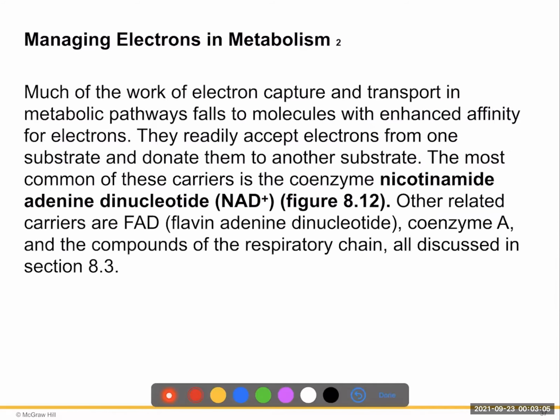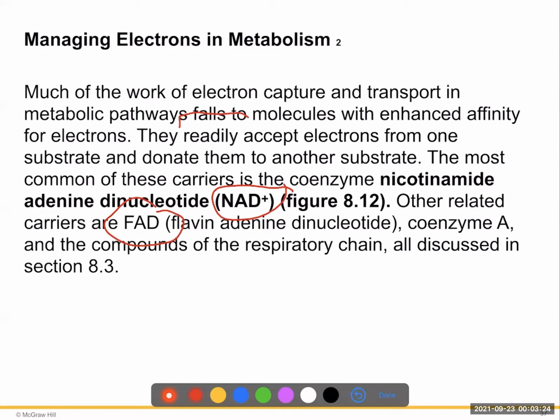Okay, so much of the work of electron capture and transport in metabolic pathways falls to molecules with enhanced affinity for electrons. So certain molecules have an affinity for these electrons, NAD+ and FAD.